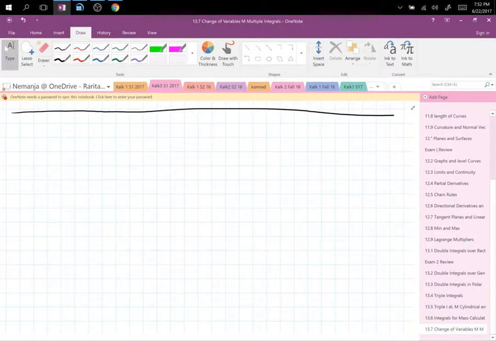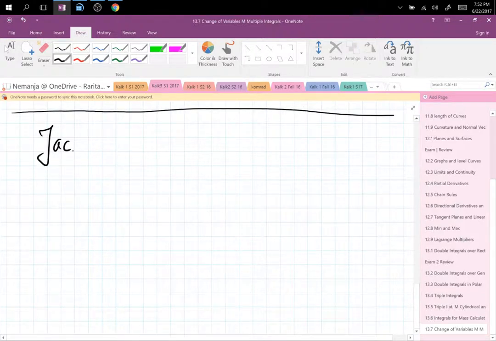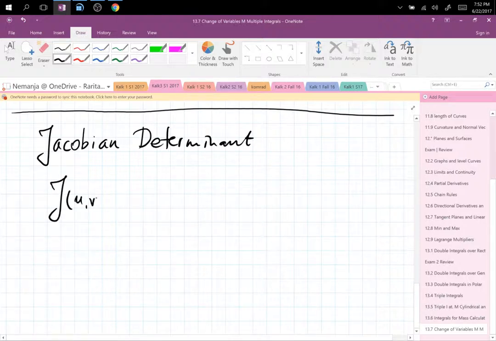All right, let's take a look at what we need. First of all, the Jacobian determinant, the Jacobian matrix, is the matrix of partial derivatives.